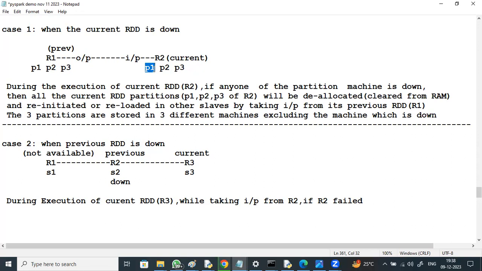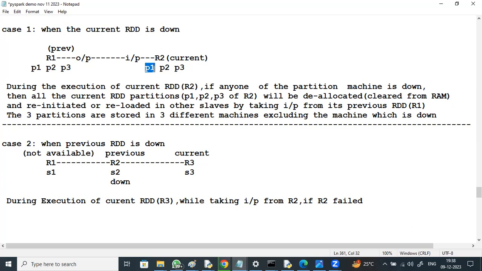That is wide transformation. If data is shuffled across, it is wide transformation. If data is not shuffled as it is moving from R1 to R2, then it is narrow transformation, right?